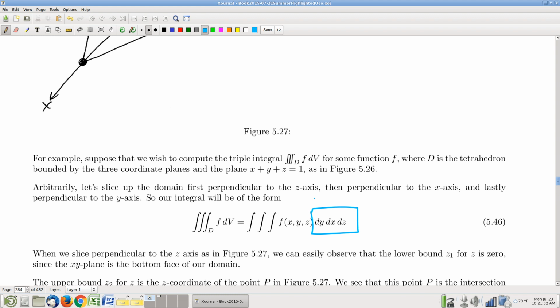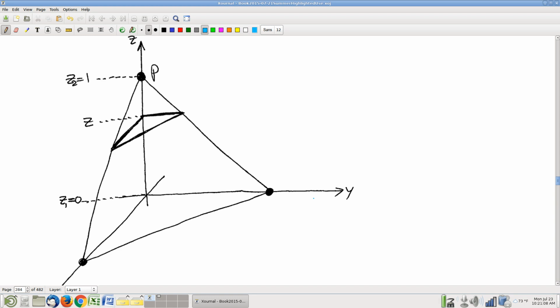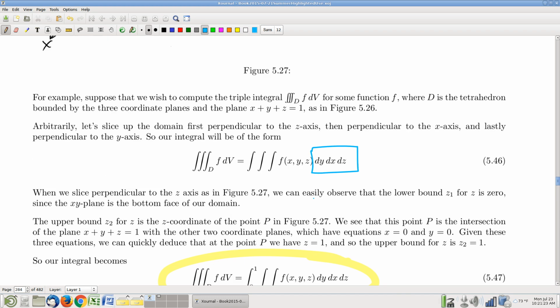Pretty arbitrary. There's nothing in the equations for any of these planes or lines or whatever that seems to favor one variable over another, right? I mean, in that plane, x plus y plus z equals 1, yeah, I can solve for any of them. I don't really care, right? So it's an arbitrary choice, just to get the ground running.